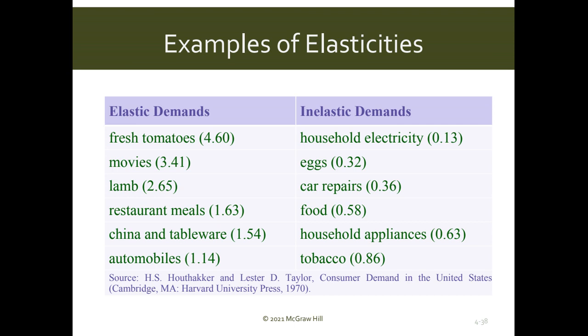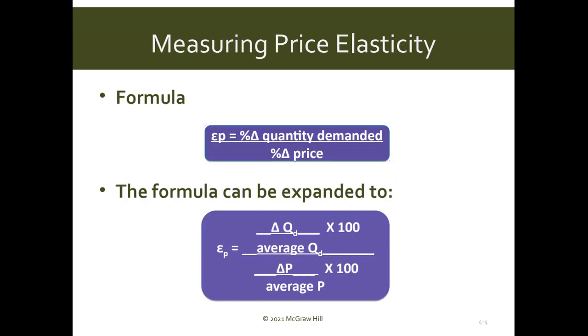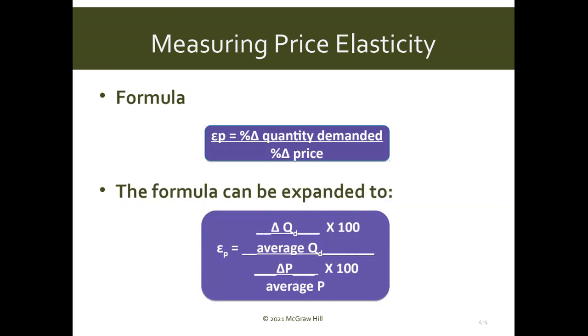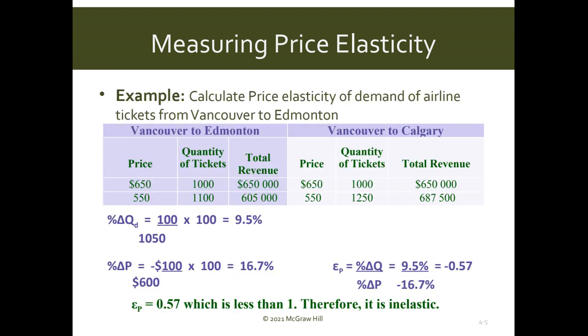So this is the formula I have already shown you: change in Q divided by average Q, change in P divided by average P, times 100. Right? Now, this is the slide. I'm not going to go through it; you have to go through this. This is an example of how to calculate elasticity of demand.